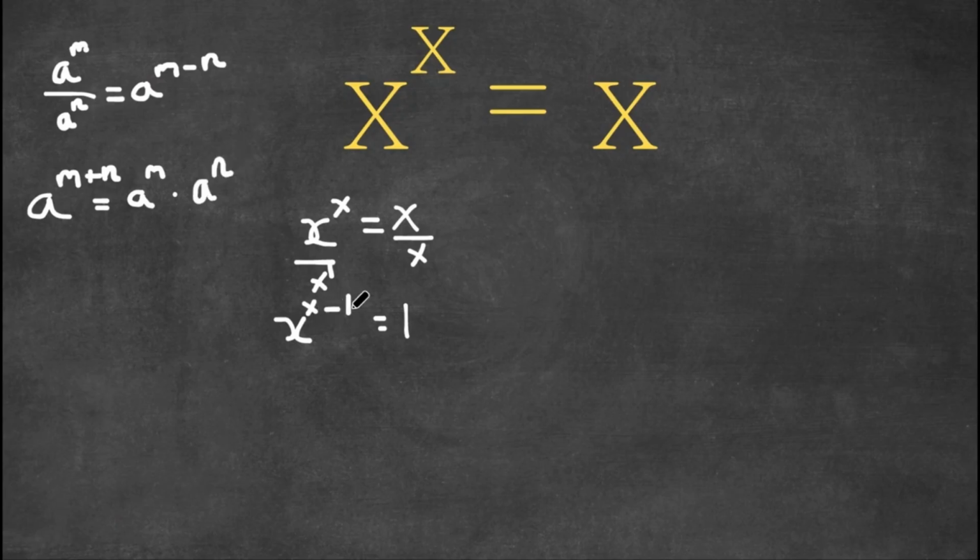So x to the power of x minus 1 would equal x to the power of x times x to the power of negative 1. And this is still equal to 1.